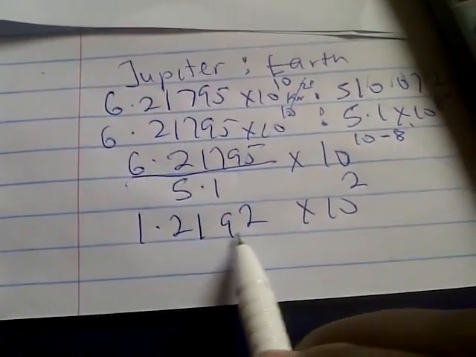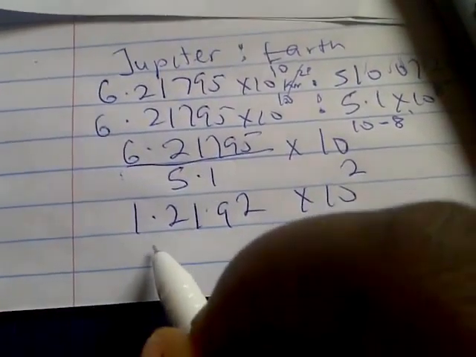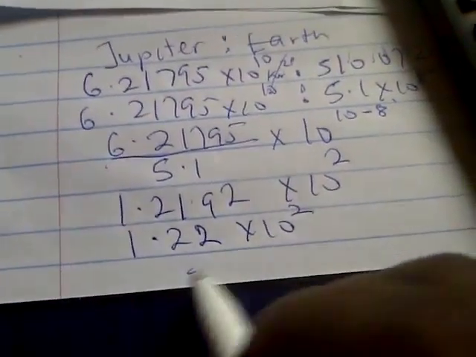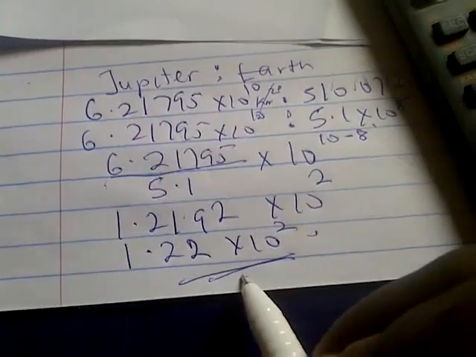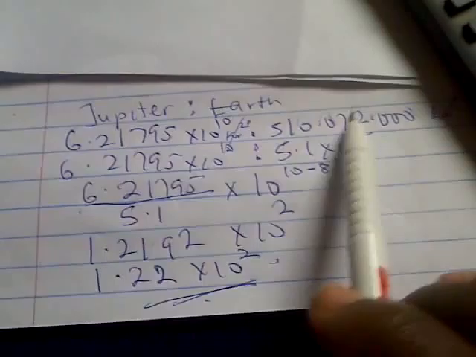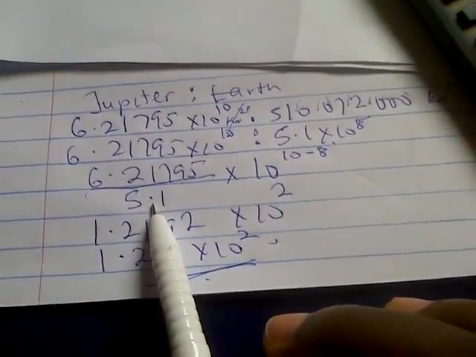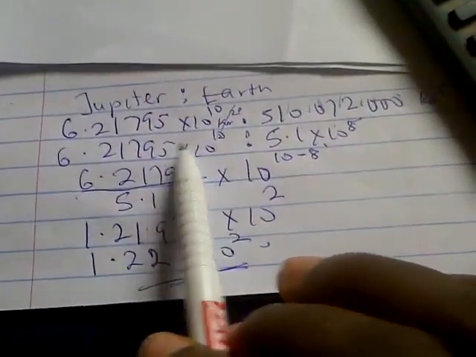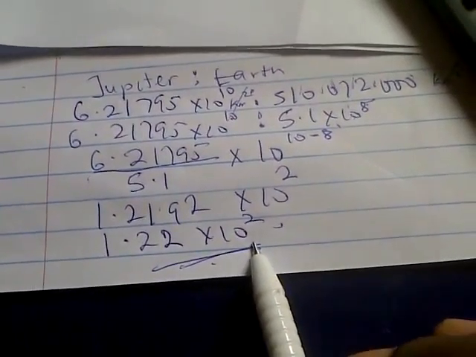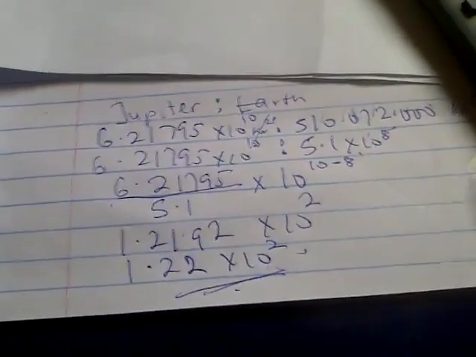Now in standard form, you could give it to three significant figures as 1.22 times 10 raised to the power 2. This is how many times Jupiter is greater than Earth. Remember we started out by comparing the areas of the two of them. Then we brought them down to fraction form, which is the same thing as this divided by this, and simplified everything to this. So this is how many times Jupiter is greater than Earth.